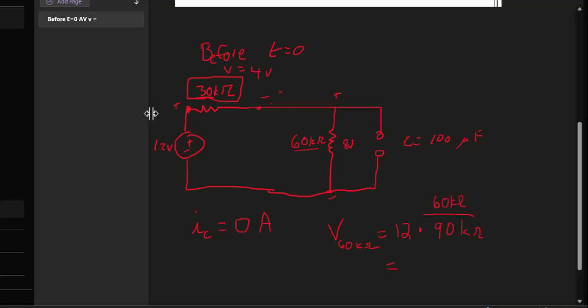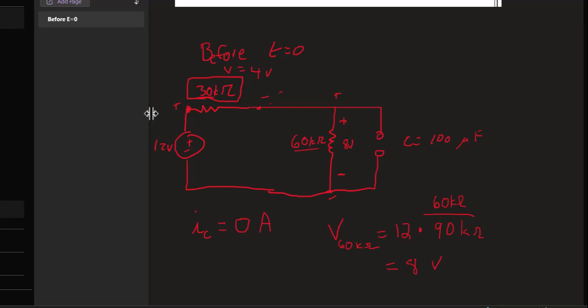And unless I'm mistaken, that is 8 volts. And the plus is on top and the minus is on bottom because it's going to match with this voltage source. The higher voltage is going to be on top.